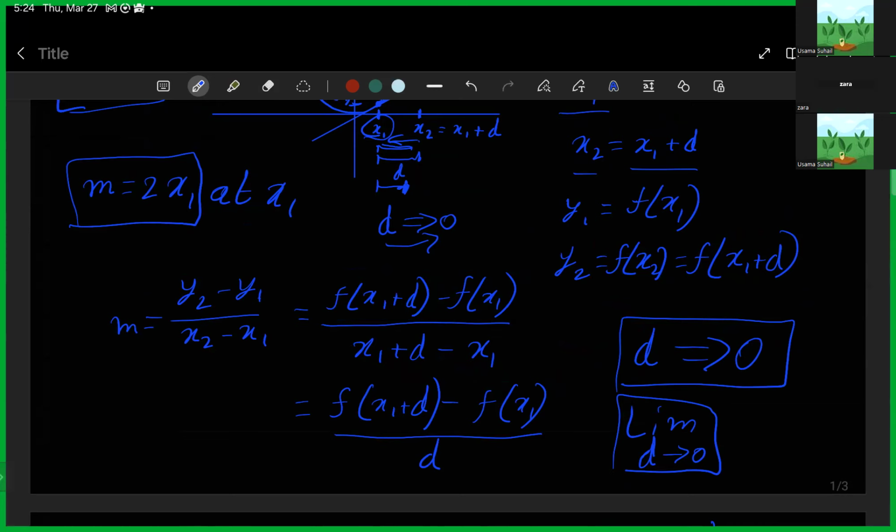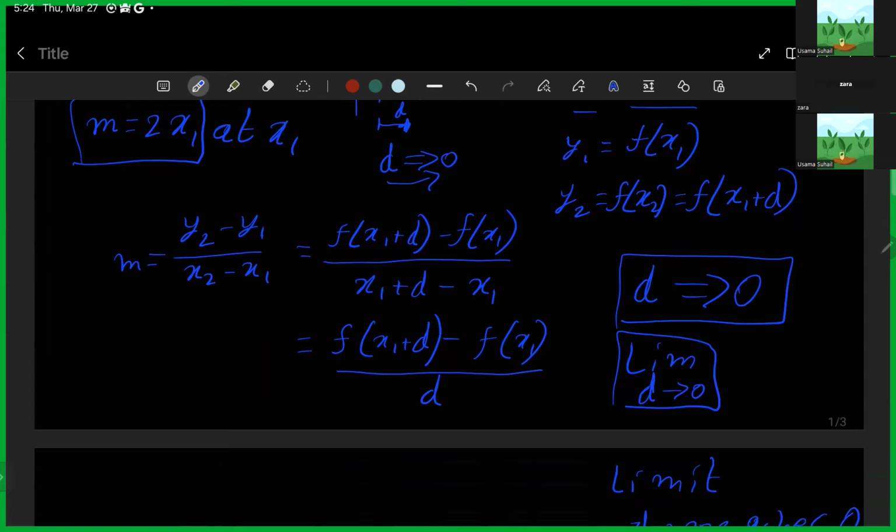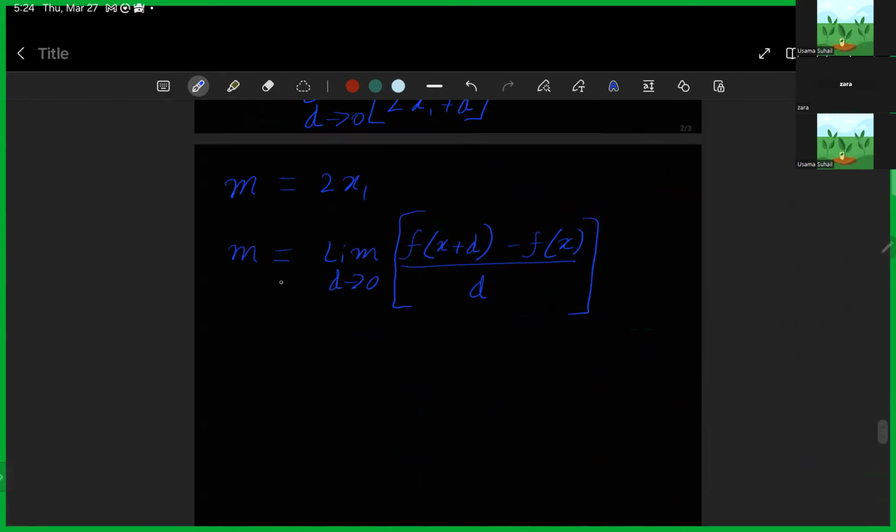While the denominator, again, is x2 minus x1, so that does not change. And when we simplify that, we get to this. So the gradient of any function can be found using this whole process.